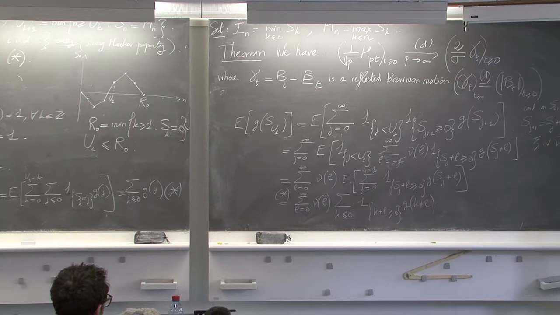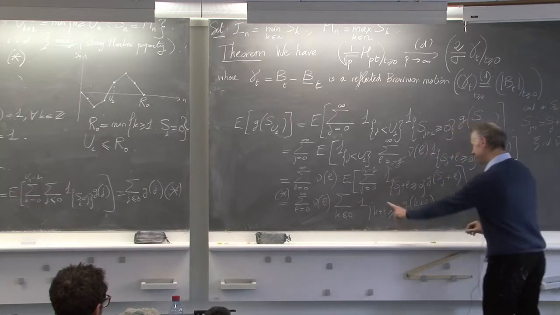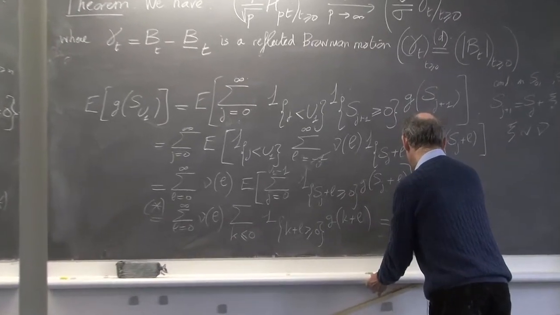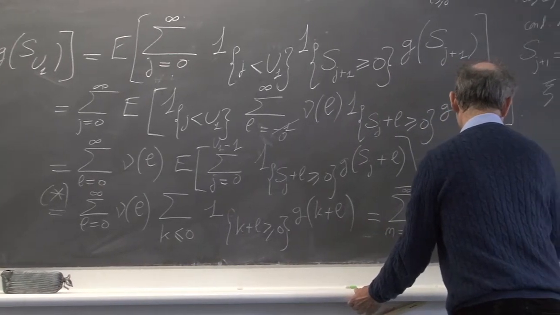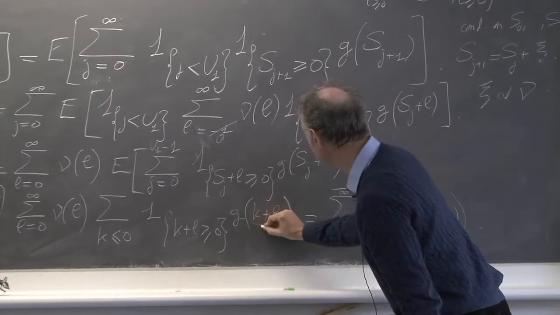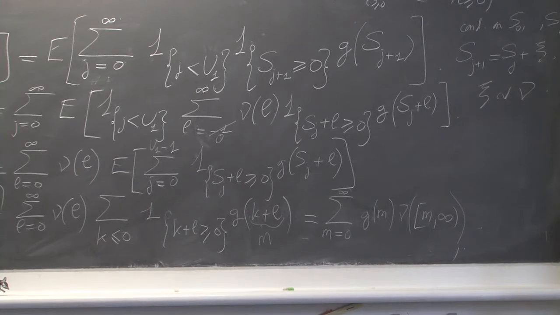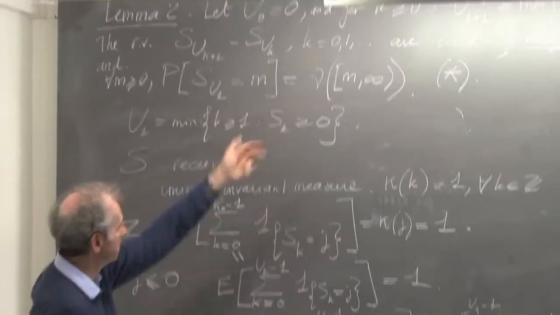And now, you just have to exchange the sums again, and I let you check that this is the same as the sum from m equals 0 to infinity of g of m, mu of m to infinity. You just have to make the change of variable. You call this m, and you count the terms that you have. So this gives you what you wanted, that the law of S_{u1} is given by that.